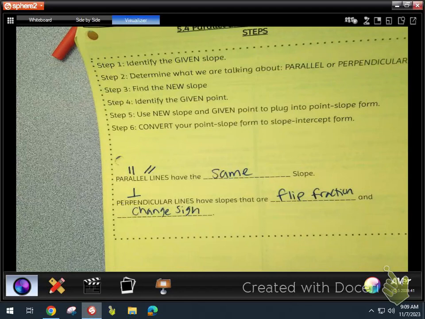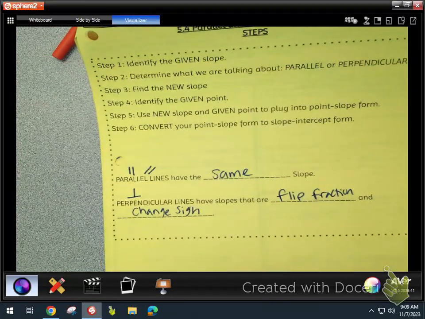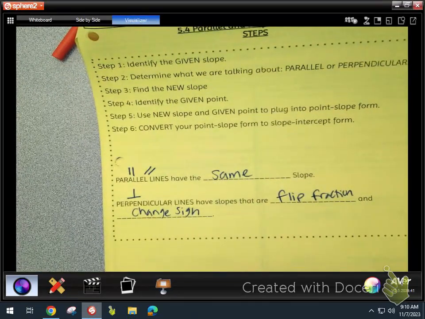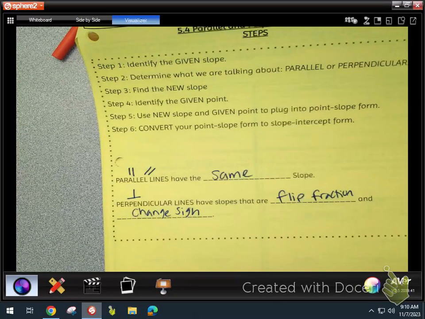Miles, do you remember the fancy word for that? You wrote it down in your notes last time. Opposite. Remember? Opposite. Anybody remember the other one? Oh, it's reciprocal. Opposite reciprocals. Very good. That's the same thing. So you can put that there. Opposite reciprocals. Okay? So figure out your parallel or perpendicular slope from there.